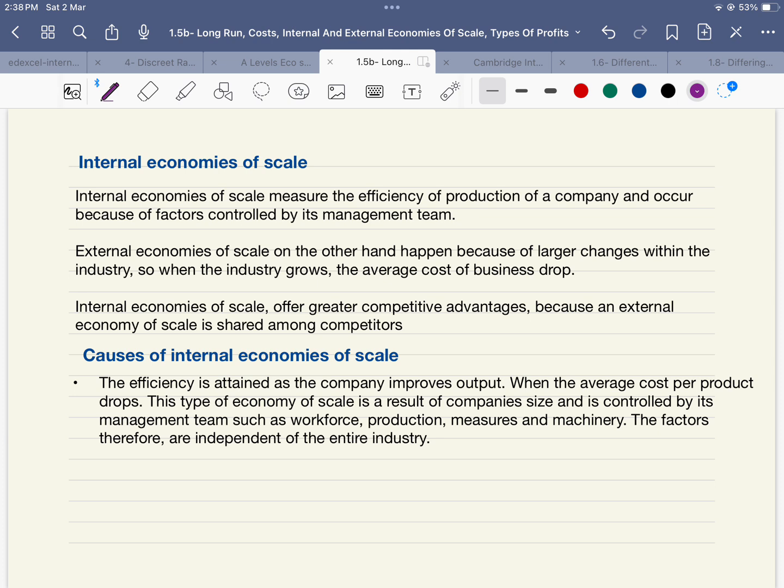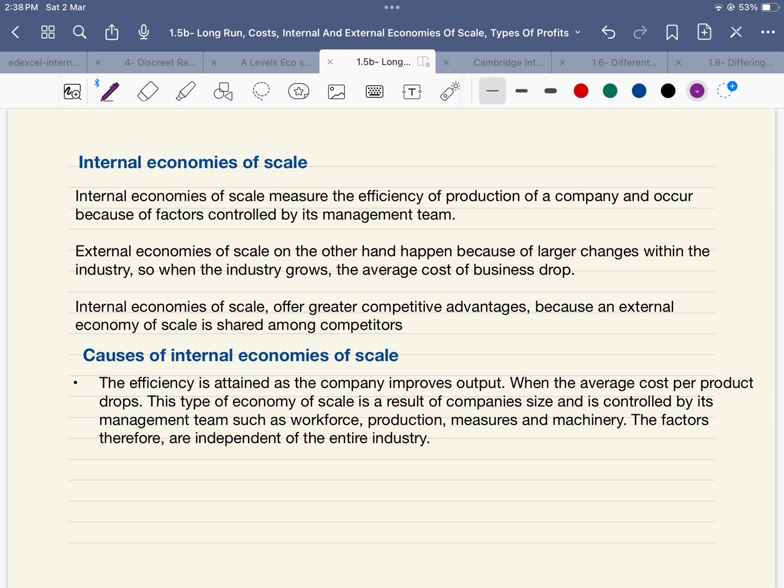Internal economies of scale offer greater competitive advantage because an external economy of scale is shared among competitors, meaning all the competitors enjoy benefits offered by the external factors or overall growth in the industry. An internal economy of scale measures efficiency of production. That efficiency is attained as the company improves output when the average cost per product drops.